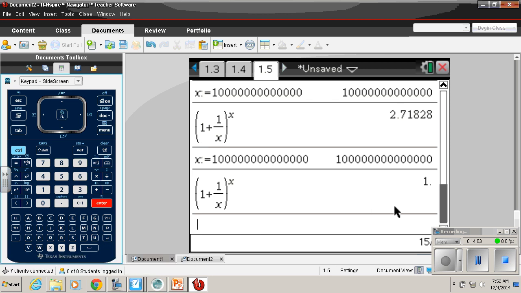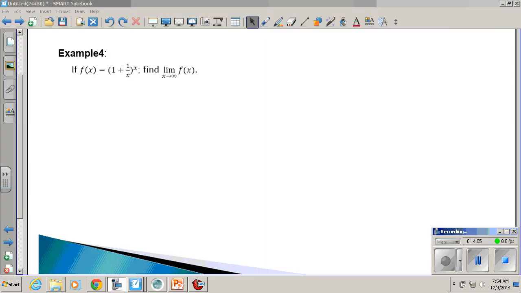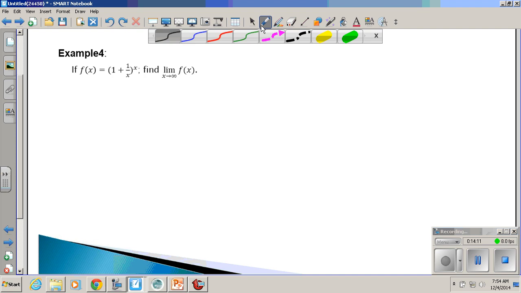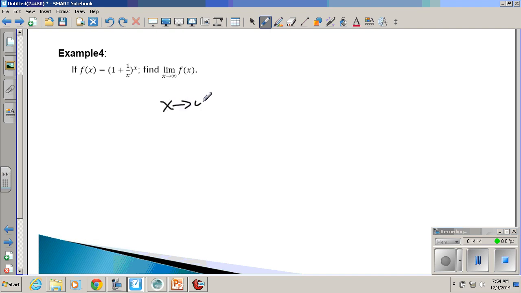I think the calculator's having issues with that many zeros. So as it turns out, the calculator can only handle so many zeros, but it is approaching this 2.71 number. So as x gets closer to infinity, f of x is approaching some 2.71 number.